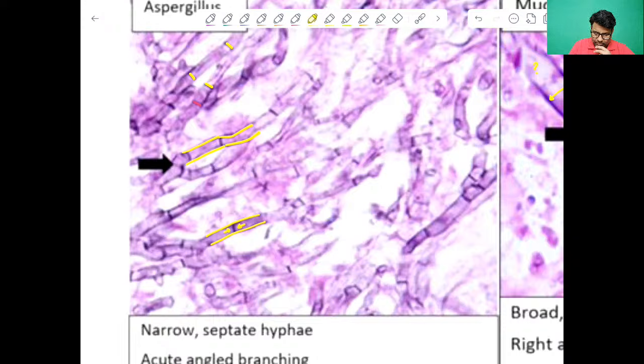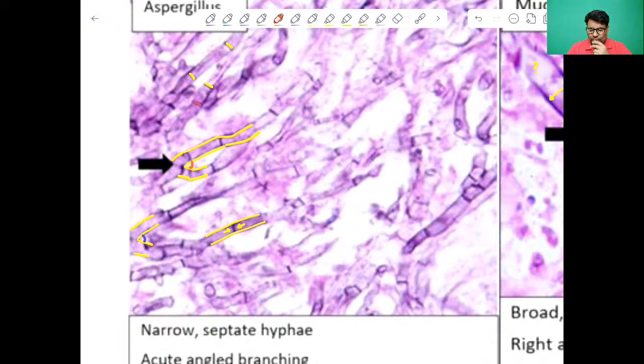And also look at the angle of branching, right? So if you look at the angle of branching, this is obviously somewhere around, say, 50 degree. So less than 90 degree, what I mean to say. Clear? So even like here, if we see the septation or the branching, this is also less than 90 degree.